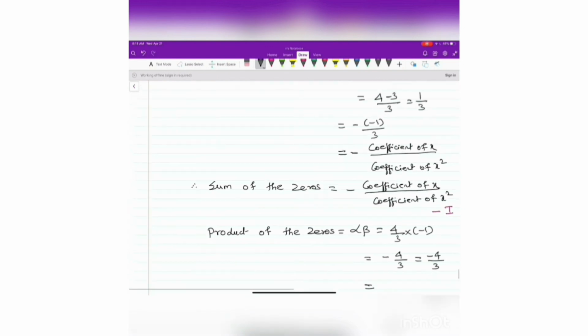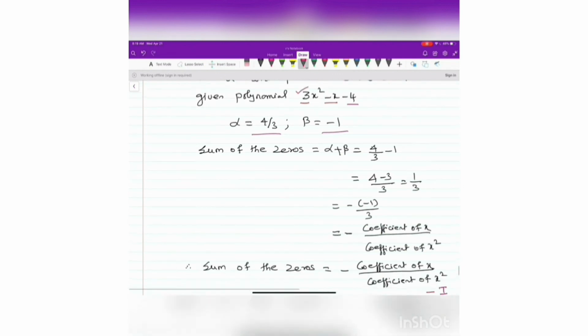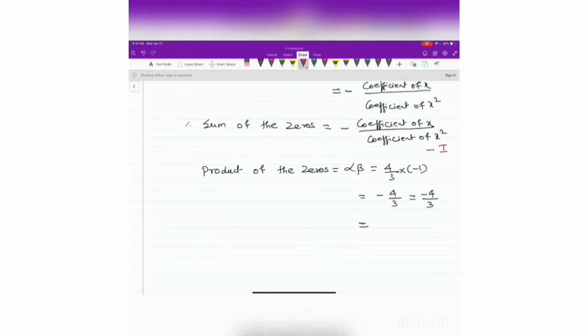What is minus 4? Minus 4 is the constant term. 3 is coefficient of x square. So I can write over here constant term by coefficient of x square.